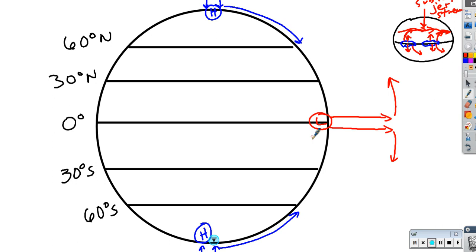And so that's why these air currents tend to be very fast. Now, the subtropical jet doesn't really tend to affect our weather that much, but it's the jet stream that forms at what we call the polar front that I'll bring up a little bit later.